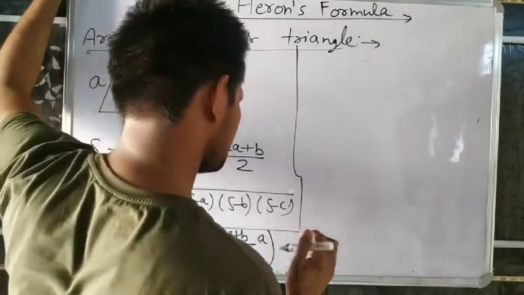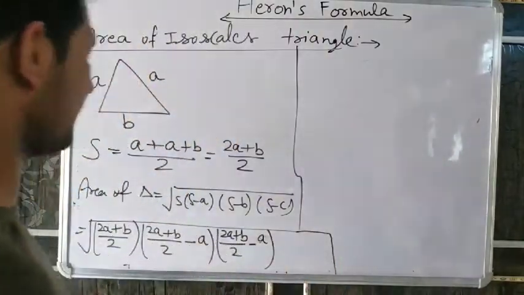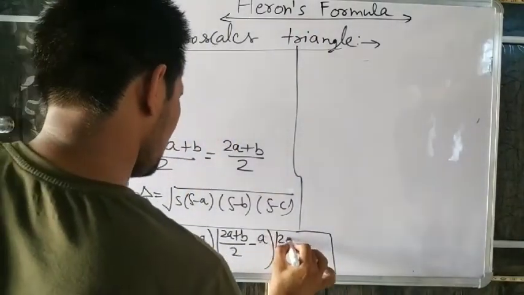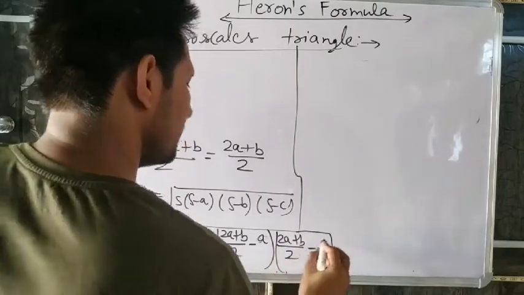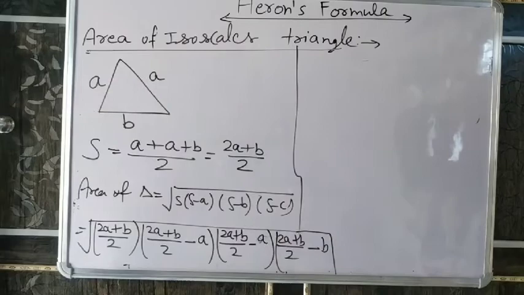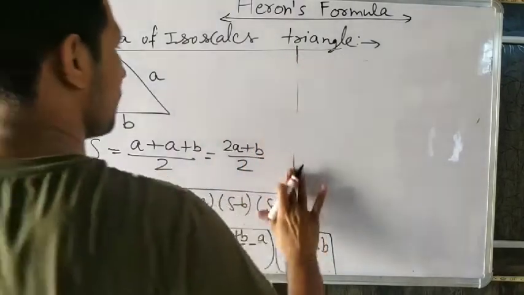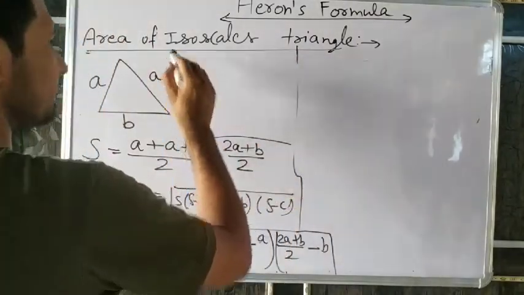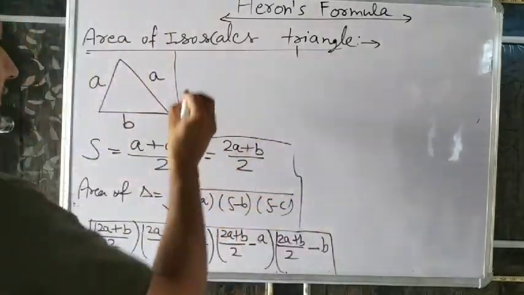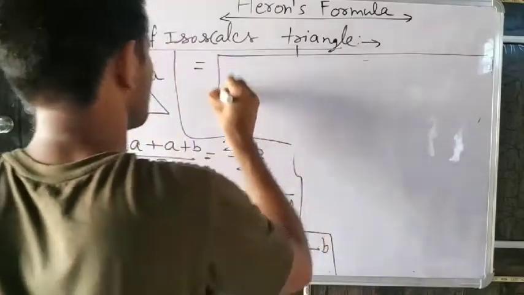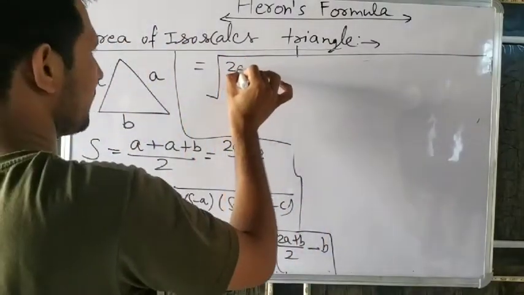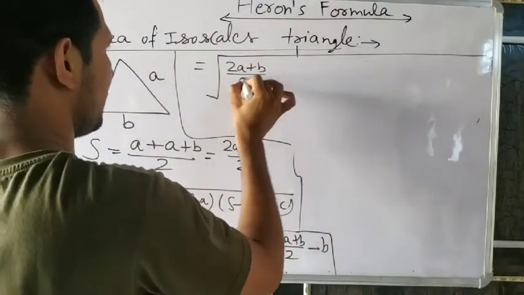Next, third side: 2a plus b divided by 2 minus third side, minus b. Now the area of triangle, we will write the area of triangle. So this one we can write 2a plus b divided by 2.